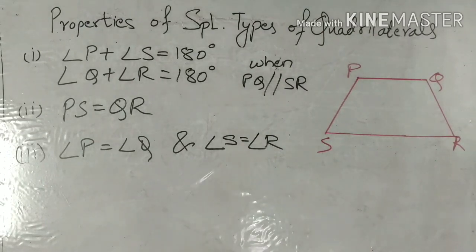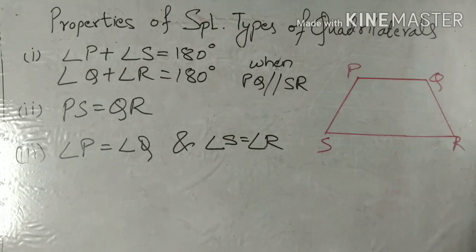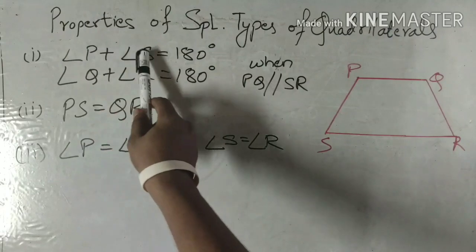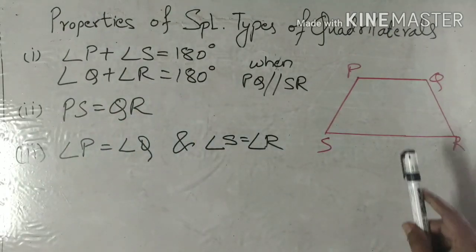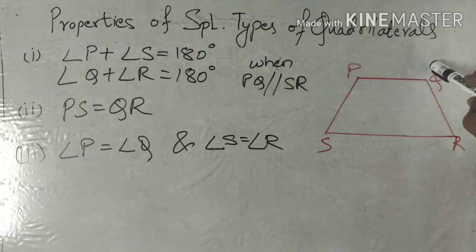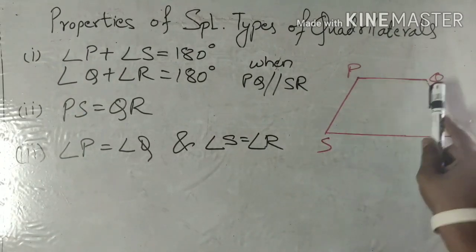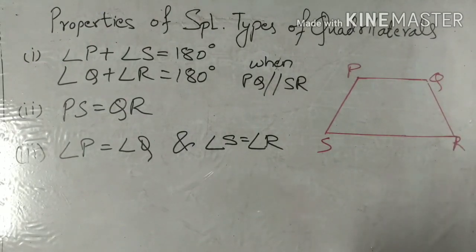Now before introducing this quadrilateral, I would like to first take you through the properties and then we'll label it with a very familiar name. If PQRS is my quadrilateral and angle P plus angle S is equal to 180 degrees, and angle Q plus angle R is equal to 180 degrees when PQ is parallel to SR, this condition is the reverse of that of the trapezium.